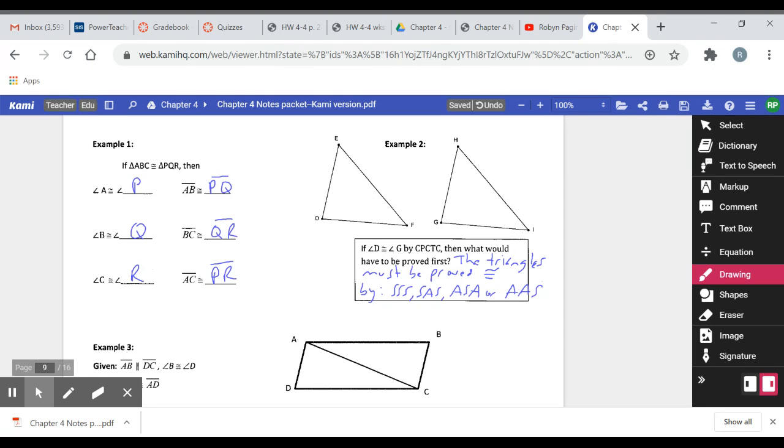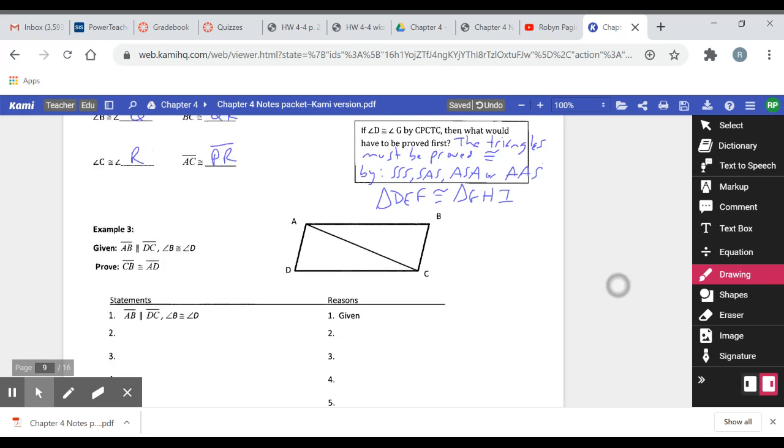And again, we would say a congruent statement, something like triangle DEF is congruent to triangle GHI, and then by one of these reasons. And then we would take a proof one more step from that to say, for instance, angle D is congruent to angle G by CPCTC.